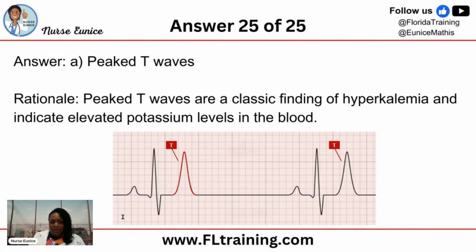The T wave is the wave after the QRS complex. If they're spiked or high, it could mean one of two things: that they have elevated potassium levels or that they are having a STEMI.